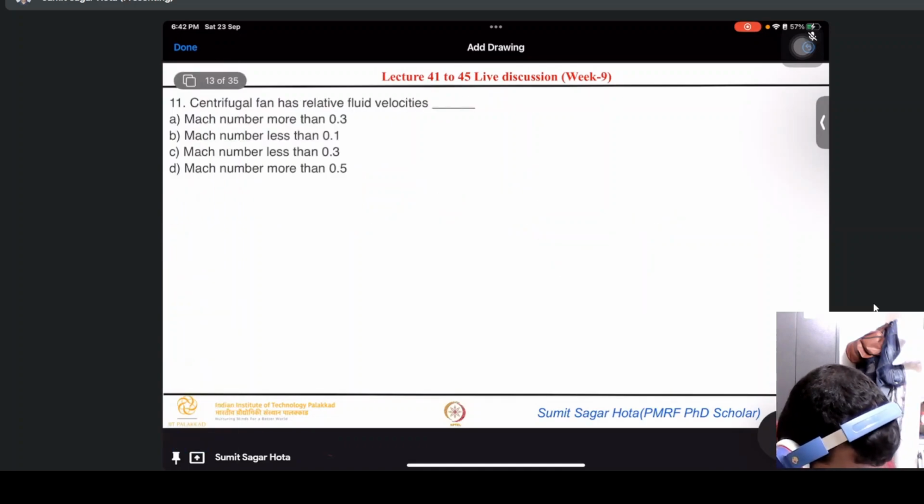The centrifugal fan has a relative fluid velocity of dash.